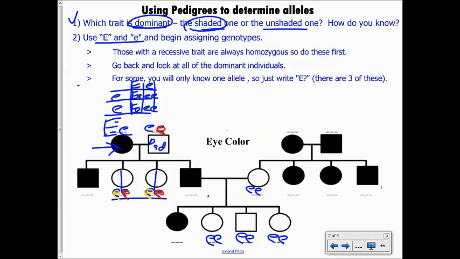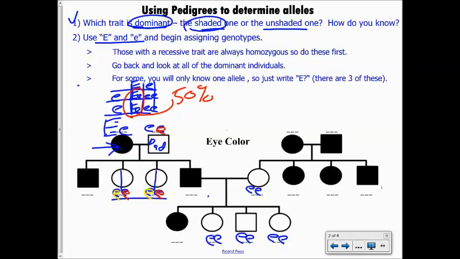And you can see that 50% of the offspring are going to be just like mom. 50%. Nowhere in this Punnett square do we come up with big E, big E.